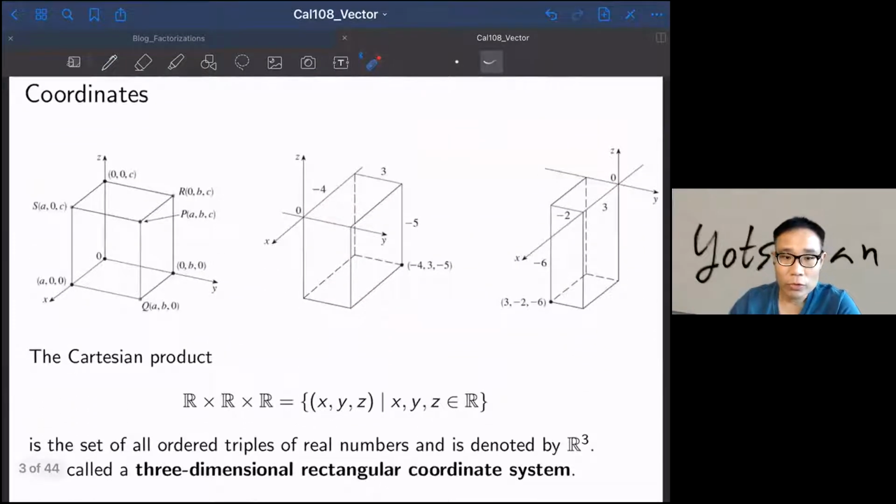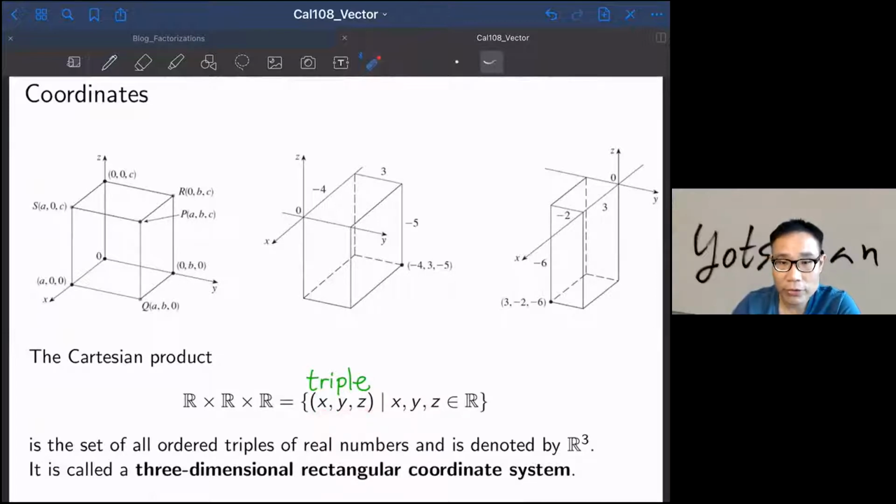In order to locate a point in three dimensions, we're gonna have a coordinate system as well. It's the system where you have x, y, and z coordinates. So you see that it's gonna turn out to be a triple. It's going to consist of 3 numbers: x, y, and z.